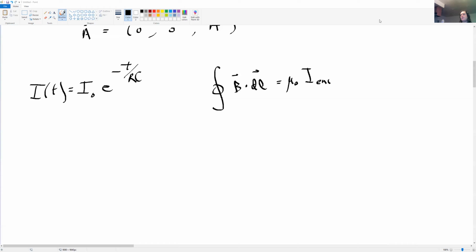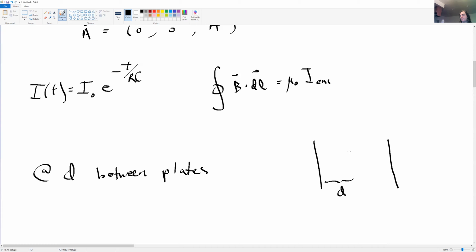Okay, a distance d from the center, so at d between the plates, you have a loop here like this, and the magnetic field is going to be doing something like this, and we're going to go around the loop in some way like this.